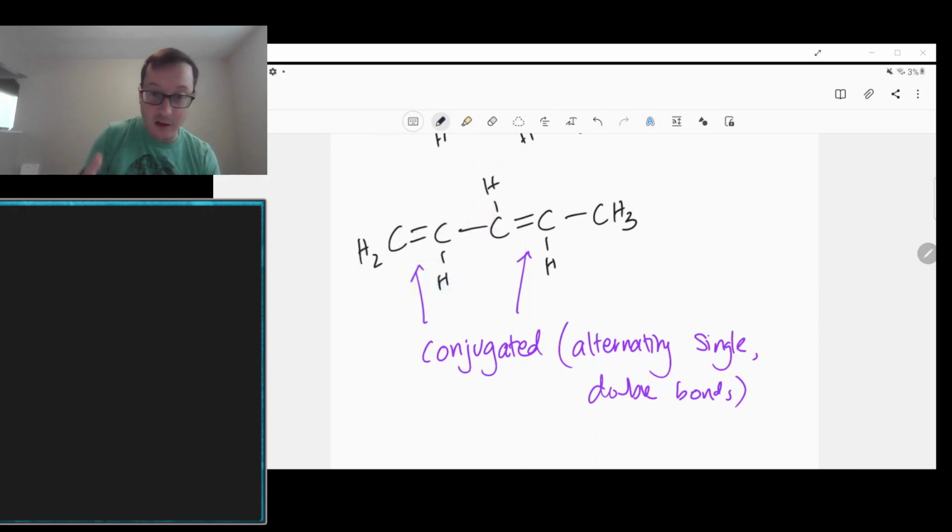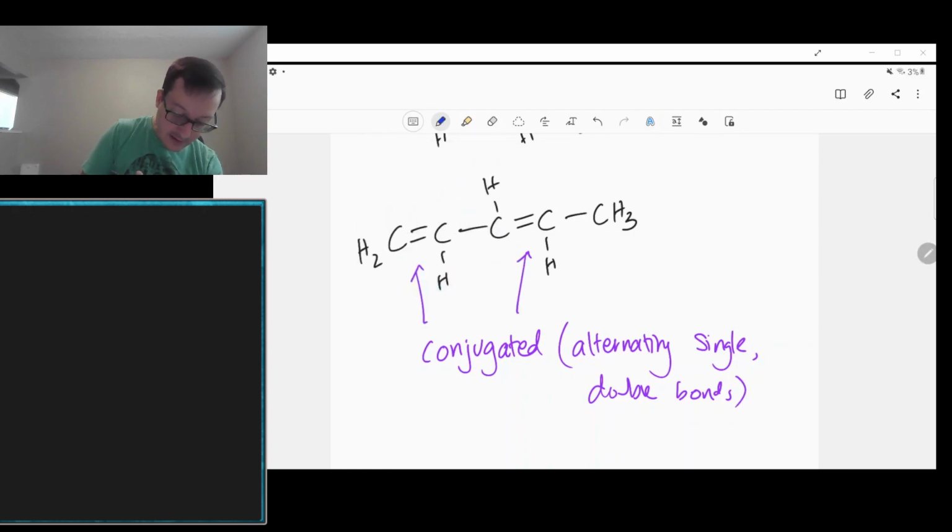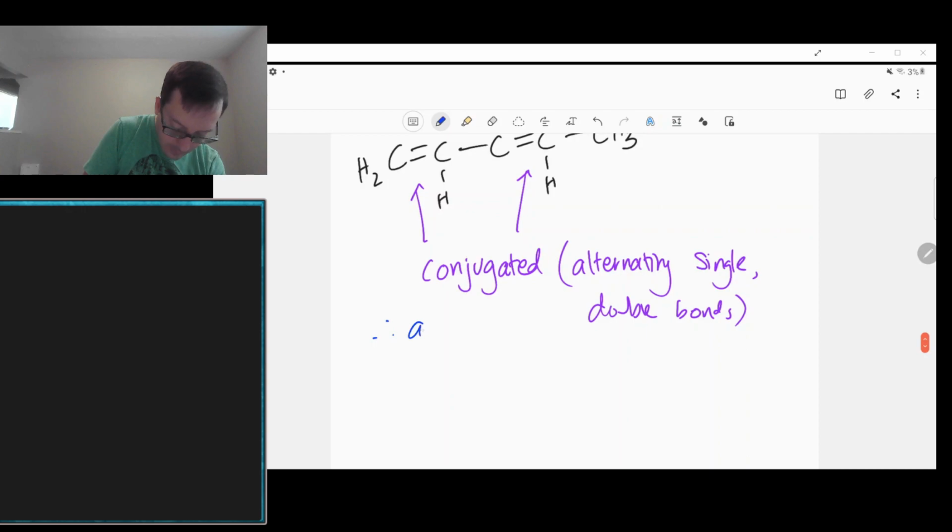This is something that we'll talk about in organic chemistry if you end up taking that. We'll look at conjugated systems and how stable they are due to these alternating double and single bonds, and the fact that they can resonate in between. We can say, well, I'm going to resonate somewhere else, and suffice it to say these are allowed to resonate. Since they're able to resonate, they're extra stable.